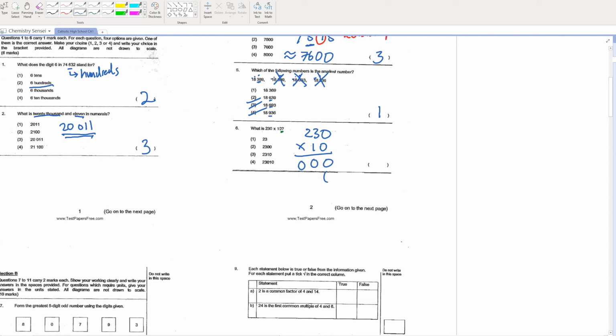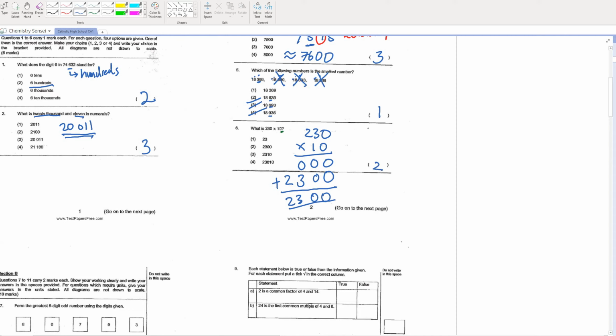Okay, we add a 0 over here. Next, 0 times 1 is 0. 3 times 1 is 3. 2 times 1 is 2. Alright, when we add up the numbers, we will have 2,300. Okay, so the correct answer is number 2.